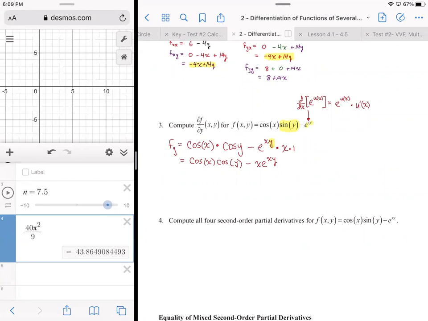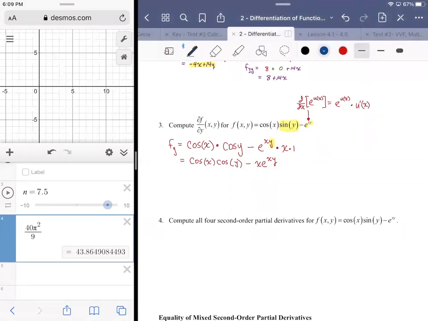Now, again, like I said, we're going to need all second order partials with respect to x, x, y, y, x, y, y. So why not take care of that in this step also, even though it wasn't asked for.